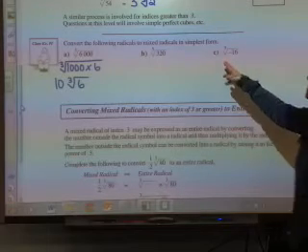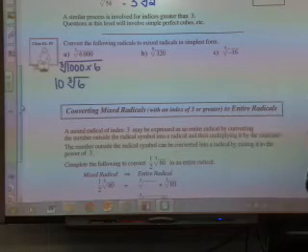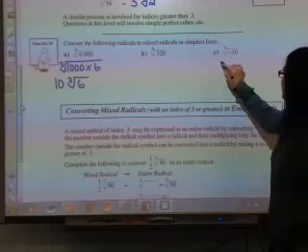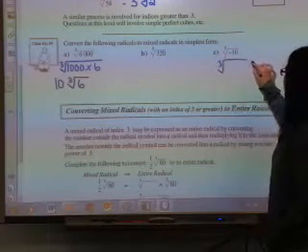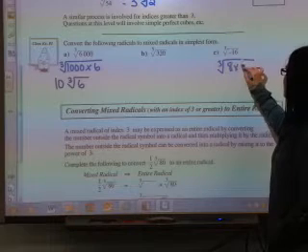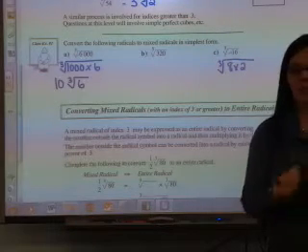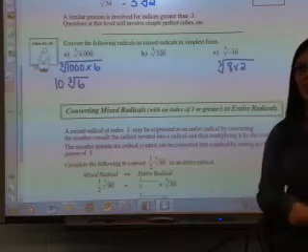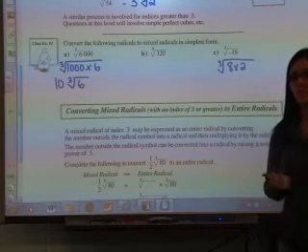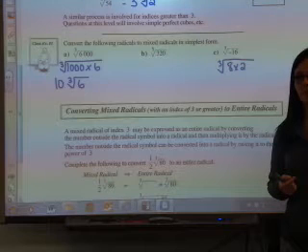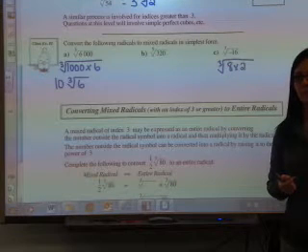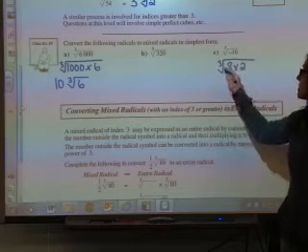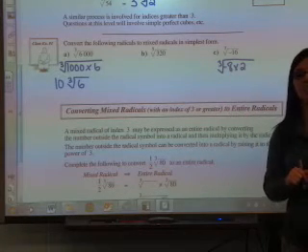Okay, so let's look at, sorry, C. Can I divide negative 16 by a perfect cube number? 8. Should it be negative 8 times 2, or should it be 8 times negative 2? Does the negative matter? Does it matter which one it's with? Probably not. Can I find the cubed root of negative 8?